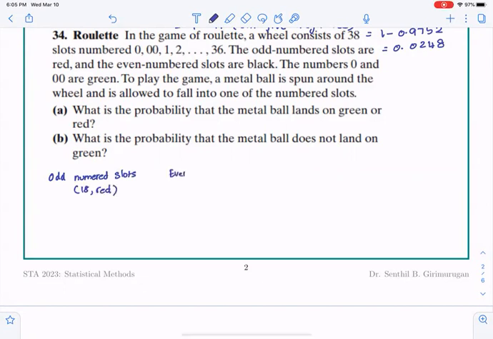Even number slots, 18 of them, are black. The two other numbers, 0 and 00, are green, which would give the total count to be 18 plus 18 plus 2, which is 38.